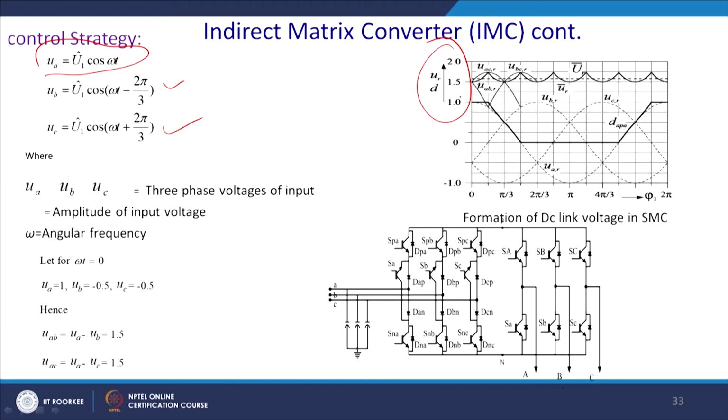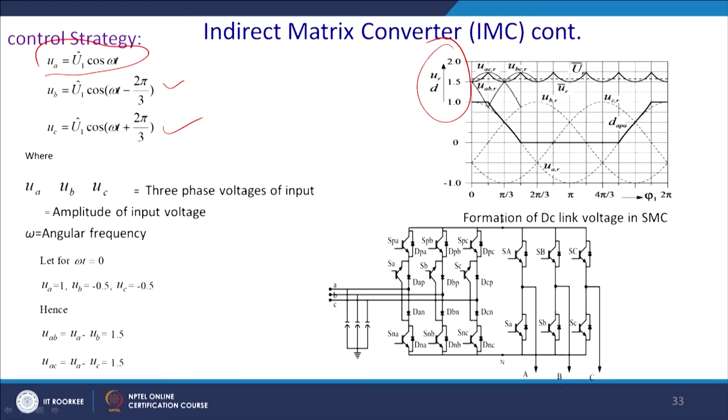So, in this configuration, the difference of these voltages, UABR and UACR, will appear, since UABR will appear across the DC link.